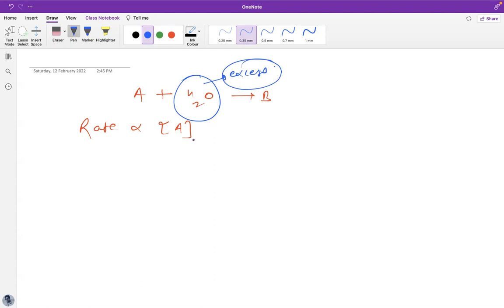So we cannot write the concentration of H2O in the rate law. It will always be A. So the rate depends only on the concentration of reactant A, not H2O. Any doubt about this condition, please tell me.